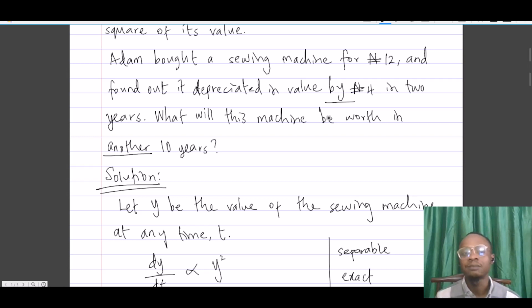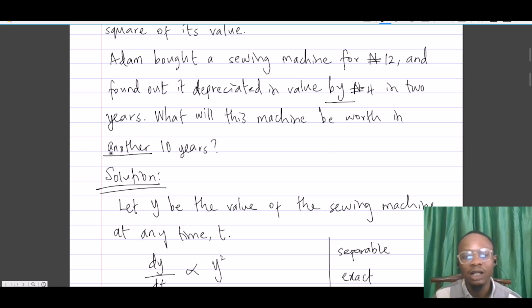For us to get that, we know that t in our expression, as we've said, is from the point of purchase. If 2 years after purchase it has already depreciated by 4, then to get what the value will be in another 10 years, we should be looking at 12 years from the point of purchase. So in another 10 years, we'll have 10 plus the previous 2, that is 12 years from the point of purchase.